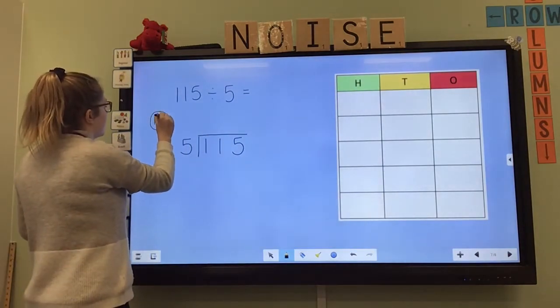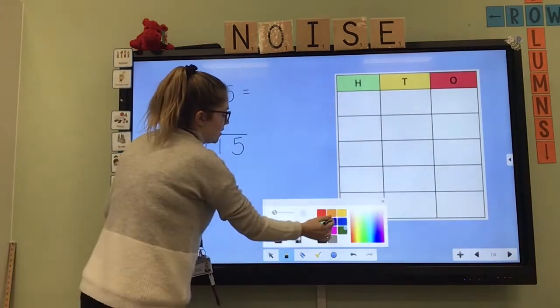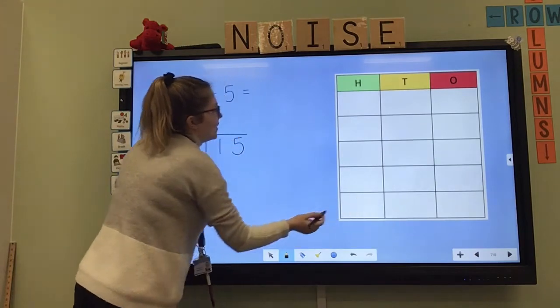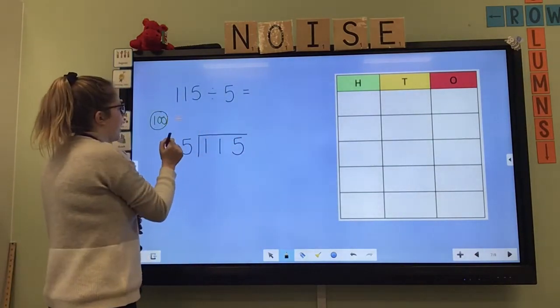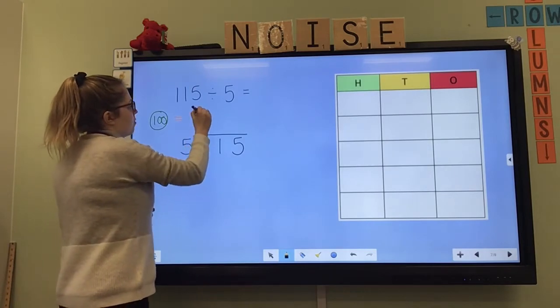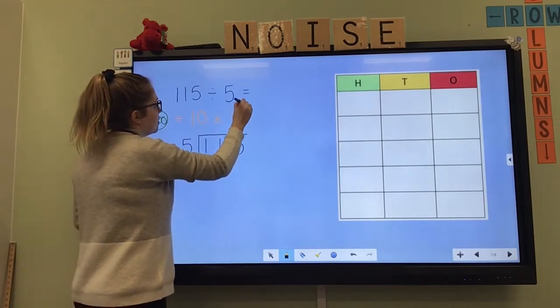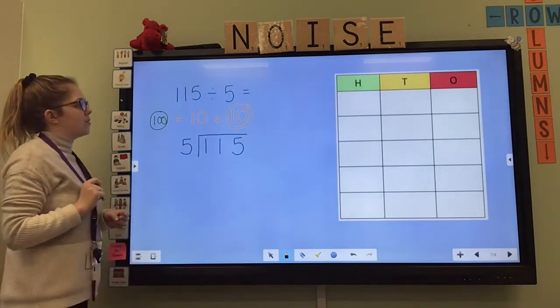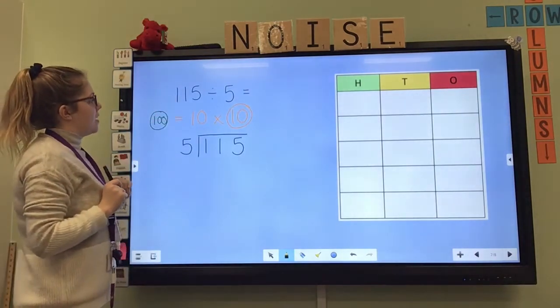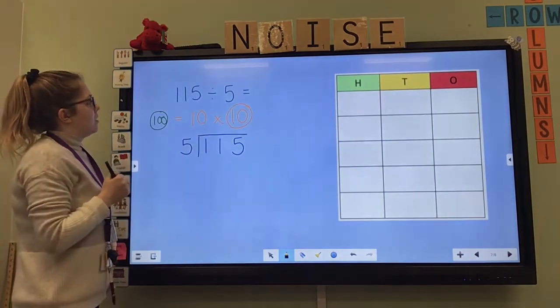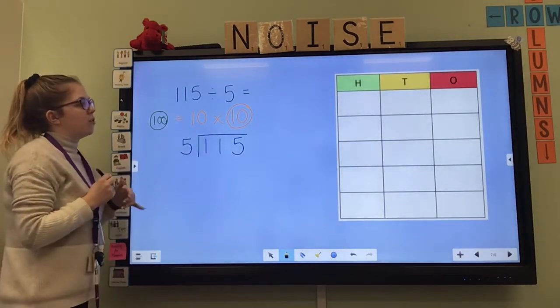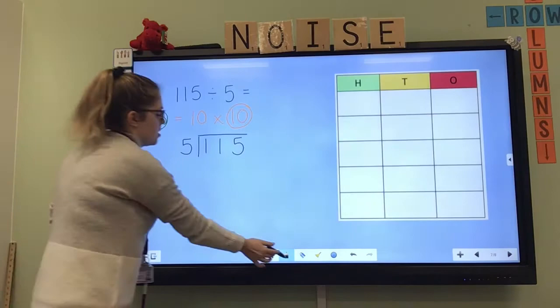If I have my 100 here, I need to exchange it into my tens. How many tens are in 100? That's right, it is 10. There's already a 10 in there, so I'm going to add my 10 tens and then add the 10 that's already there. So how many am I sharing?